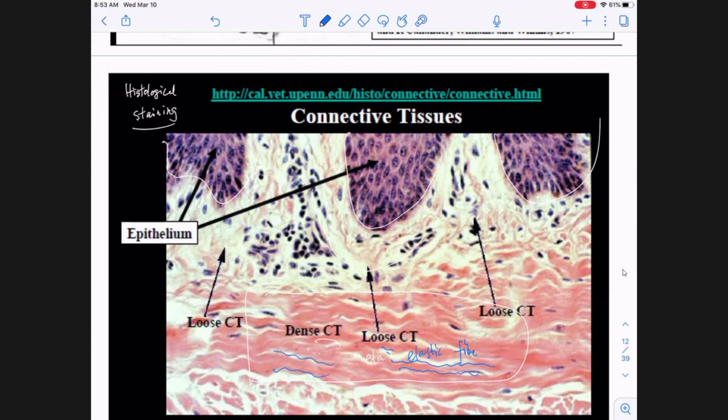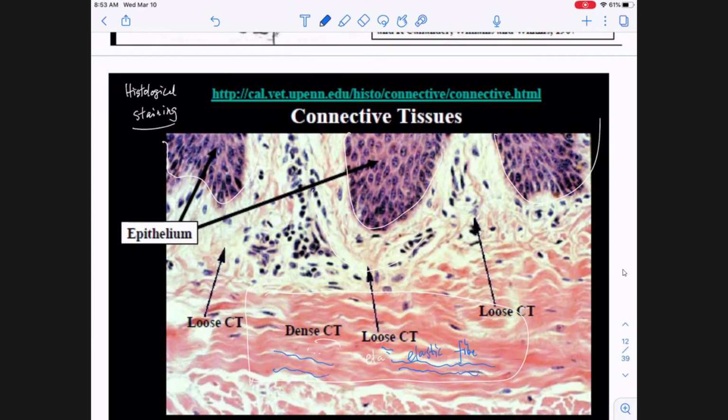So you will see, if it gets injured, loose connective tissue will form a scar tissue like this one, and a lot of immune-related cells like macrophages, mast cells, and lymphocytes, and basically fibroblast cells.